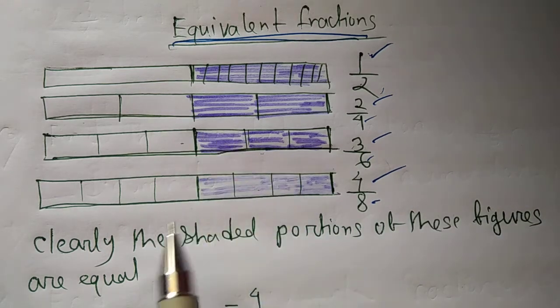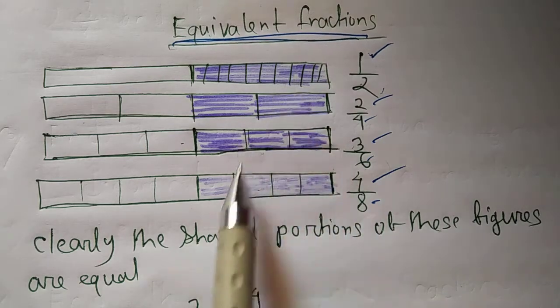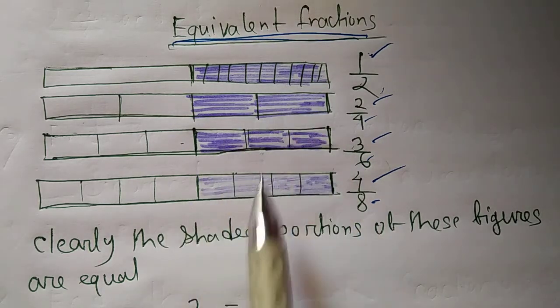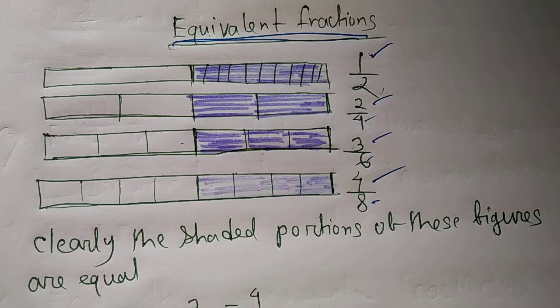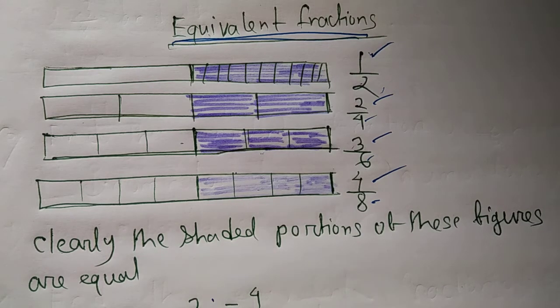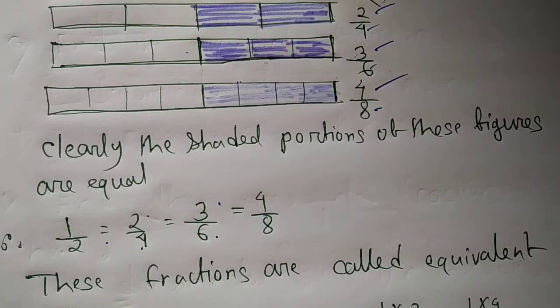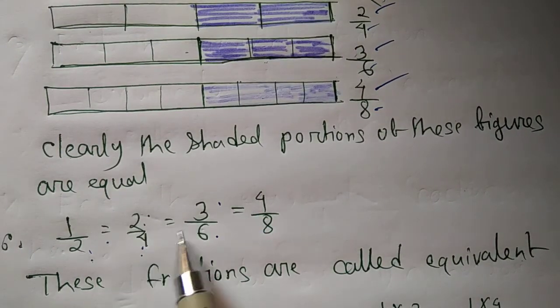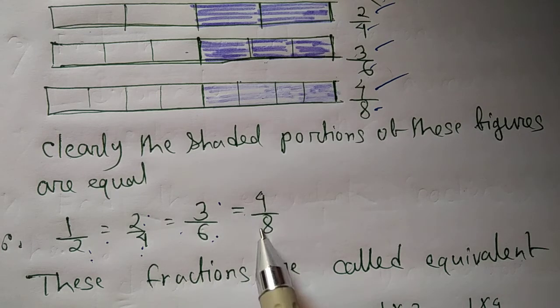Okay, look clearly, the shaded portion of this figure are equal. So we can say that 1 by 2 equal 2 by 4 equal 3 by 6 or equal 4 by 8.